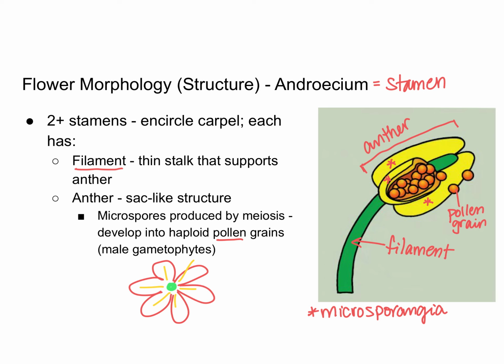We're going to talk about more details as to how this pollen grain is formed, and then how pollination occurs, and then how fertilization occurs in some other videos. But I do want to point out that these pollen grains are the male gametophytes. Remember, the gametophytes are just the structures that make up the gametophyte generation in this alternation of generations. So the flower as a whole is a sporophyte, and then these pollen grains are the gametophytes.